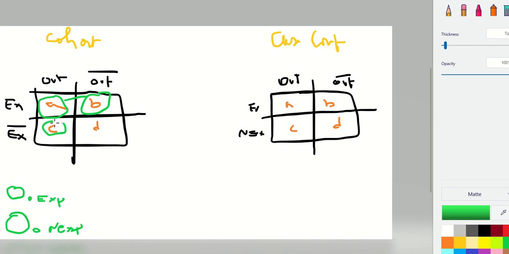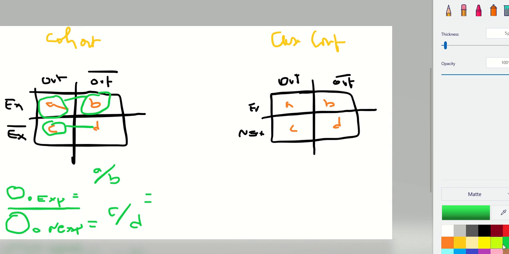We put C over D. So this was A over B and this was C over D, and then we did the ratio to get the odds ratio, and our interpretation was the odds of the outcome for the exposed is that much of the odds of the outcome in the not exposed.